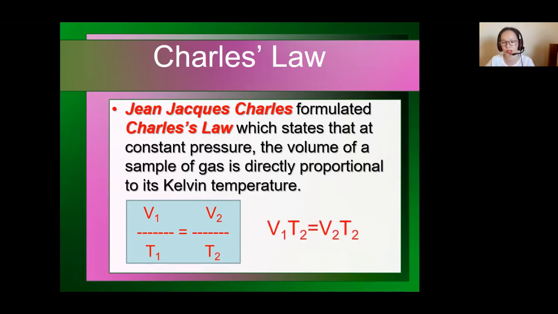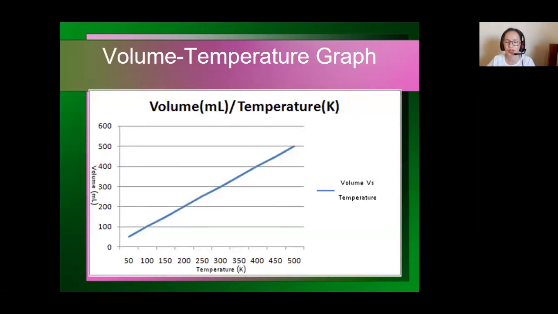Or we simply represent it as initial volume times final temperature equals final volume times initial temperature. So this is how a direct relationship is described.